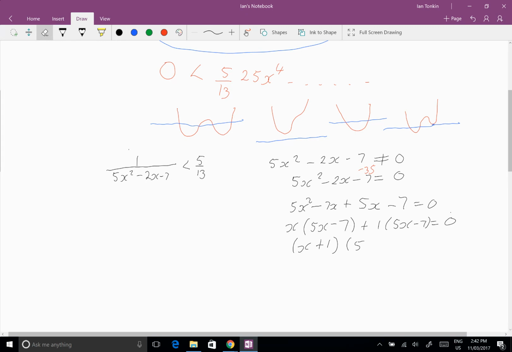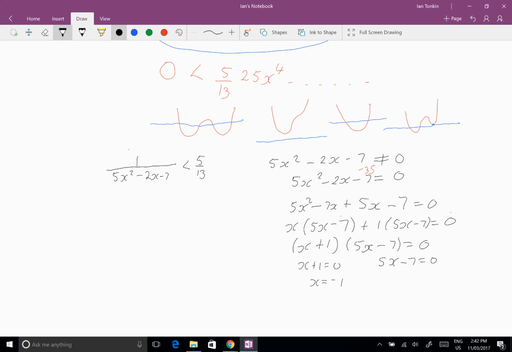equals 0. So x plus 1 equals 0, x equals minus 1 is one of these critical points, and 5x minus 7 equals 0. So that means 5x equals 7, x equals 1 2/5.